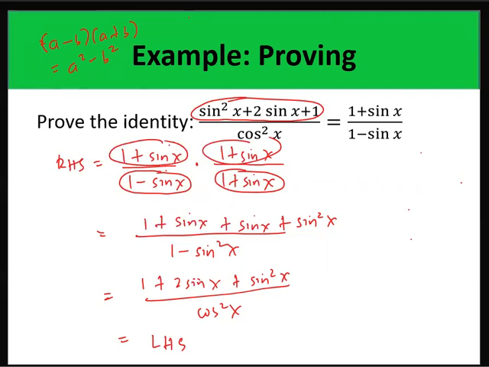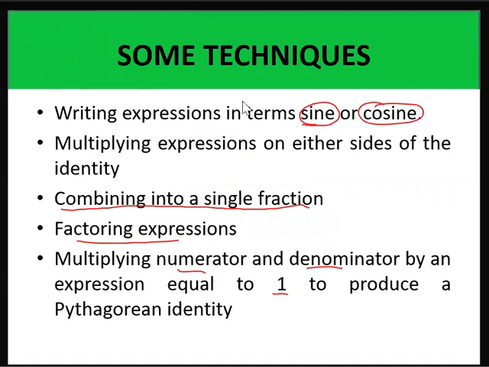Okay, so now we have shown all the techniques that were enumerated earlier. So the techniques are writing expressions in terms of sine or cosine, multiplying expressions on the left side or on the right side, combination into a single fraction, factoring of expressions, and the last example may use this technique here of multiplying the numerator and denominator by an expression equal to 1 to produce a Pythagorean identity.